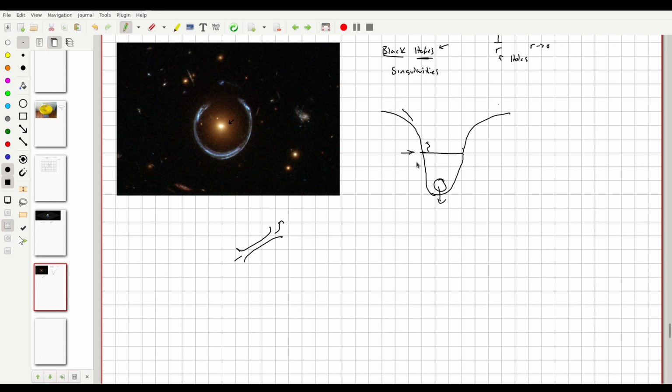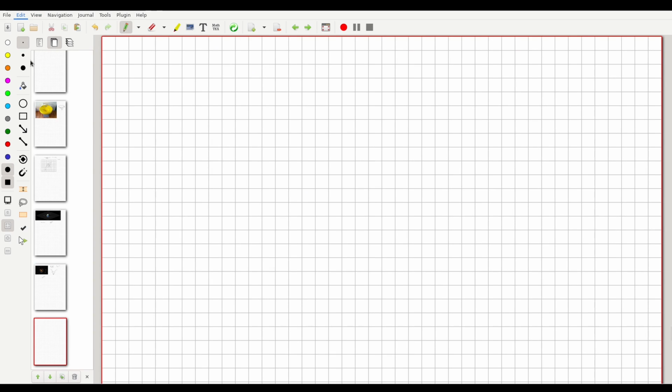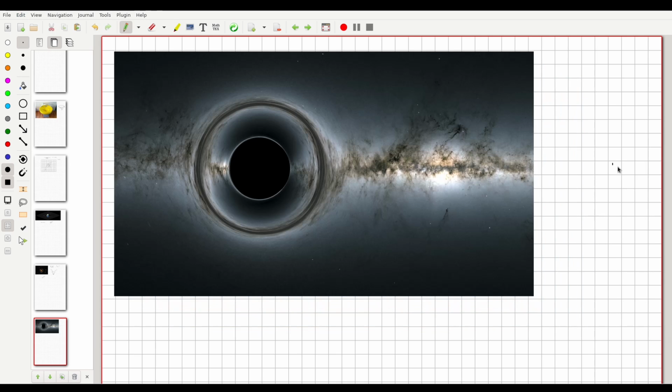So what you do instead see are very weird visual effects. If you were to see a black hole directly, you might see something that looks a little bit like this. So this is a simulation of the gravitational lensing effect that you have as this black hole passed basically across our line of sight of the Milky Way.